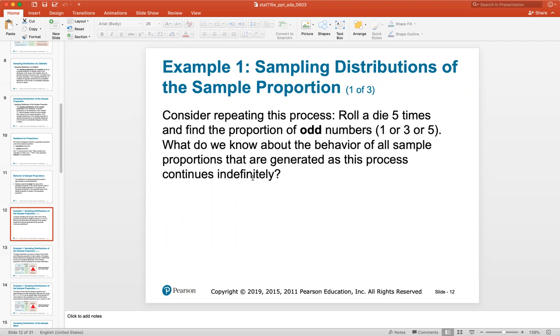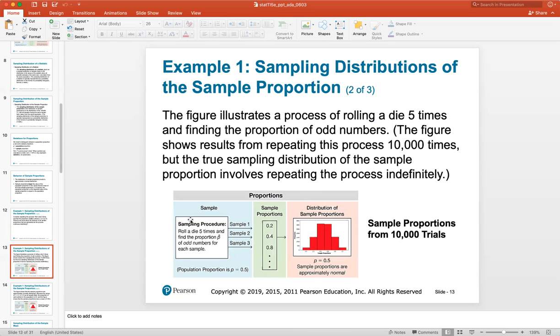I'm sorry, rolling a die 5 times doesn't mean that we get five samples. We're going to repeat this experiment. For each experiment, rolling a die 5 times, we get one sample. The first time rolling a die 5 times is sample one.